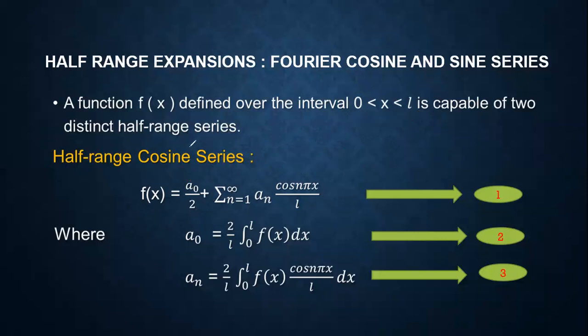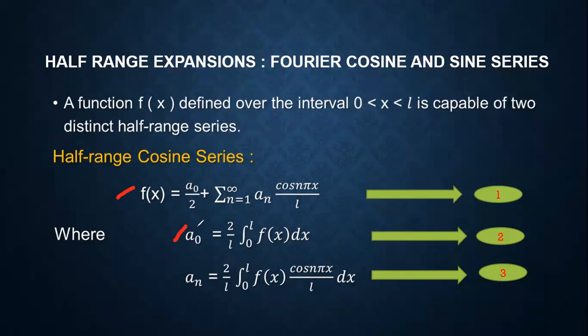So the half range cosine series can be represented as f of x is equal to a naught by 2 plus summation n equal to 1 to infinity an cos n pi x by l. This is the general half range Fourier cosine series expansion for a given function f of x.